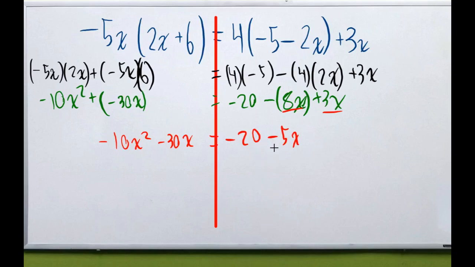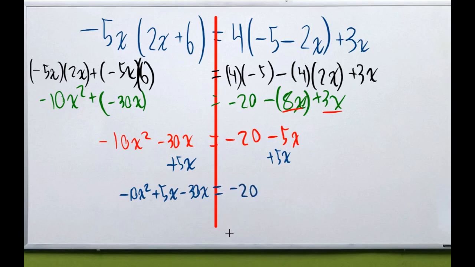Okay, let's get our x's on one side. So we have to add 5x to both sides. And that gives us negative 10x squared plus 5x minus 30x is equal to negative 20.